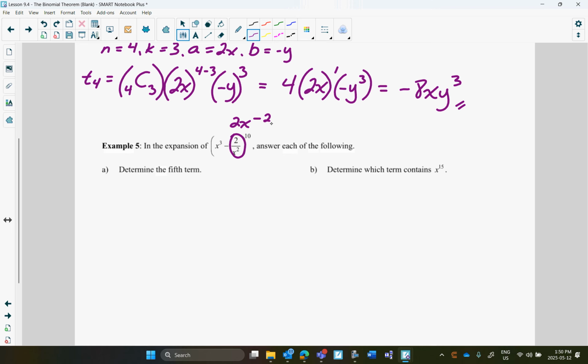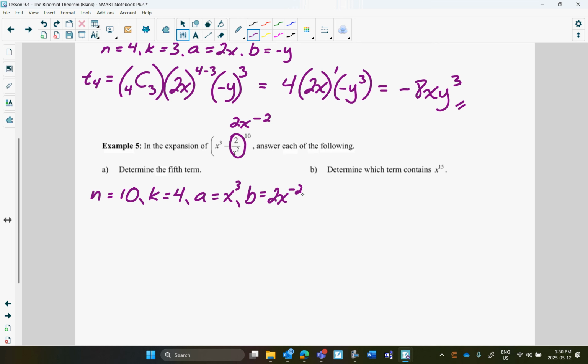So to find the fifth term, n is 10 here. K is 4. A is x to the third, and b is 2x to the negative second.